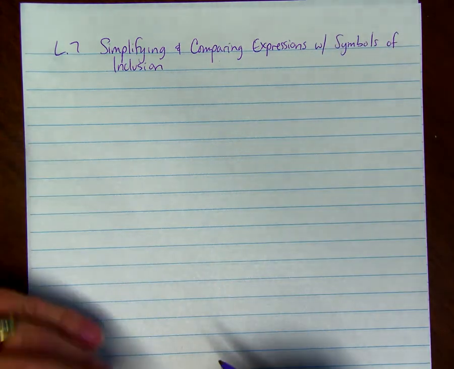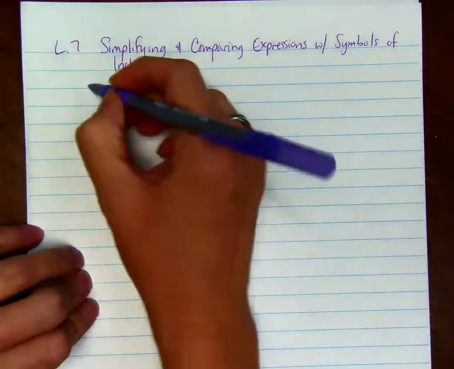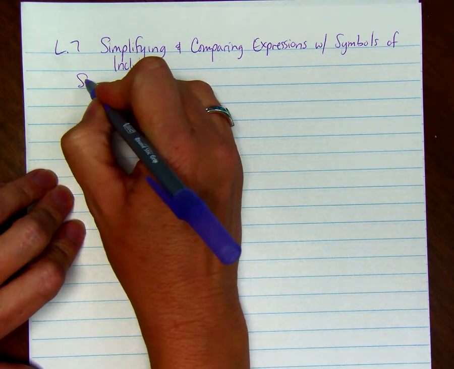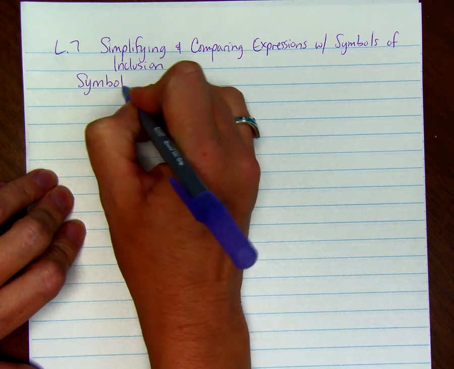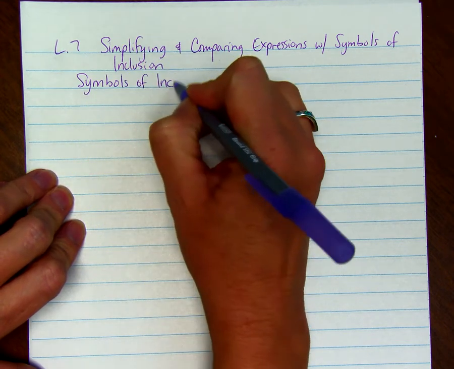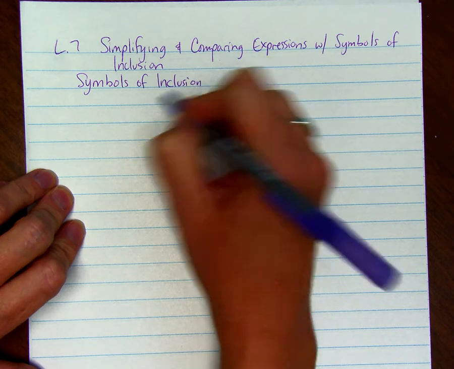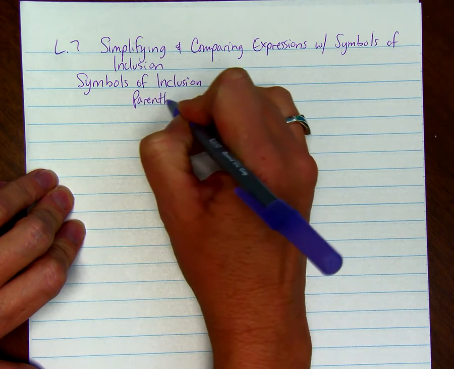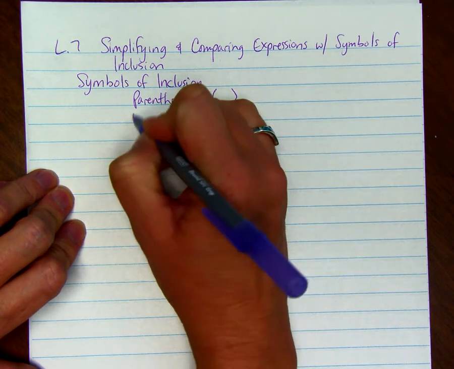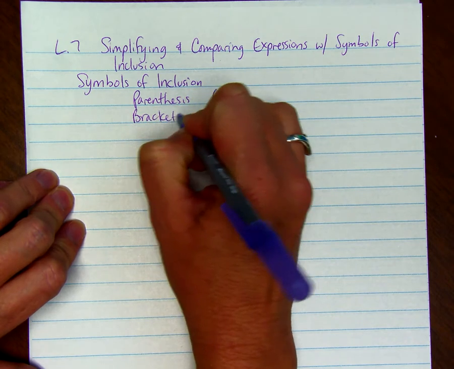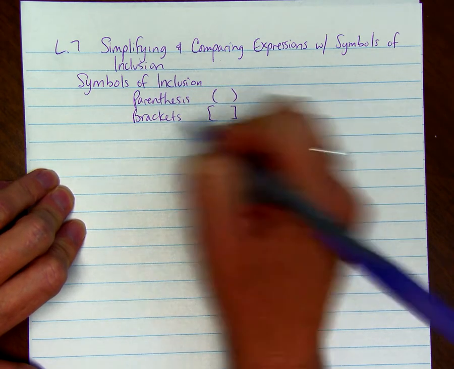So first we're going to go over what symbols of inclusion are. We can have parentheses, brackets, braces.